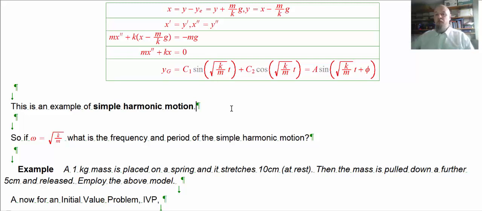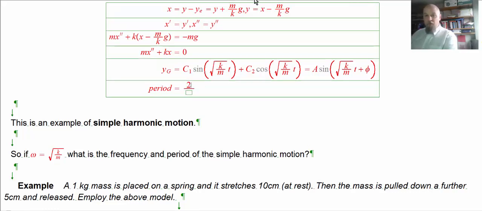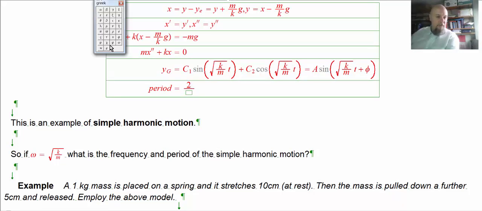There's really only two parameters. What's the mass and what's the spring constant? Oh, then because it's oscillating, we can ask what's the period. Well, we know that the period is equal to 2 pi divided by the imaginary part of the eigenvalue.